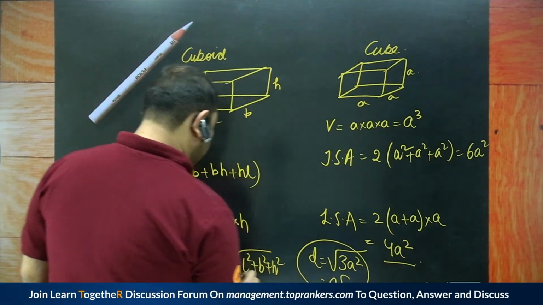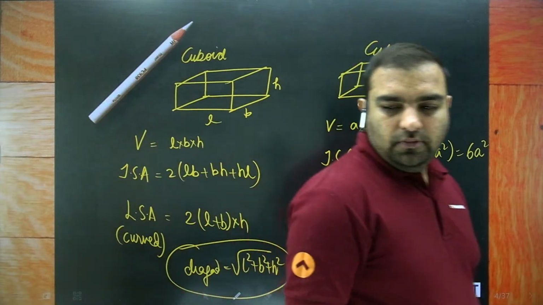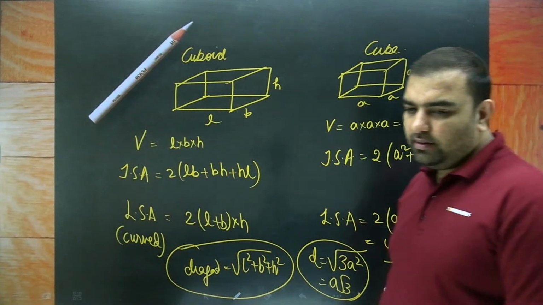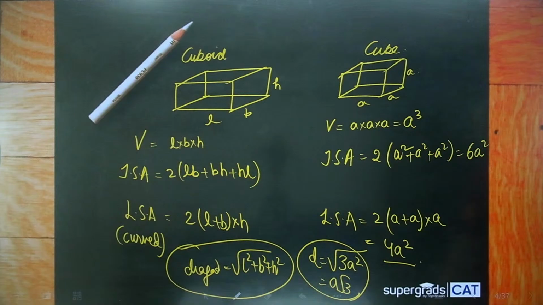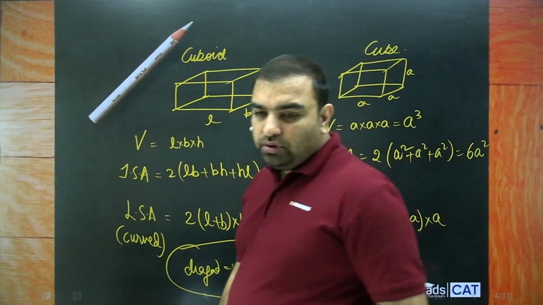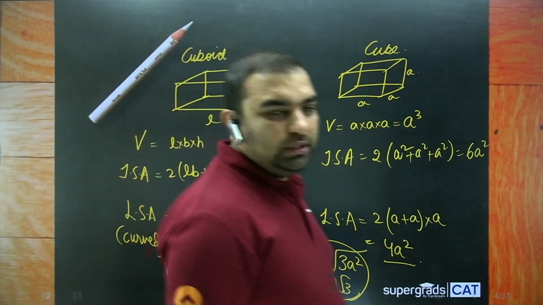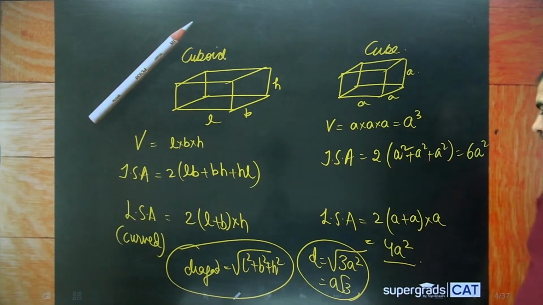The longest diagonal. So diagonal is going to be A root 3. ठीक है. कुछ क्यूब और क्यूबॉइड क्वेश्चंस ले लेते हैं. Then we are going to move on to the cone and cylinder.